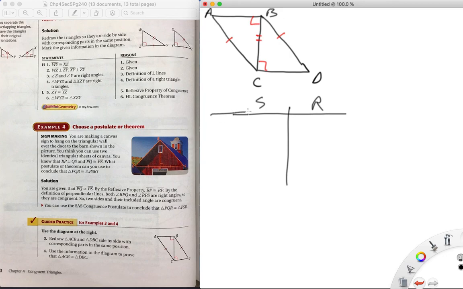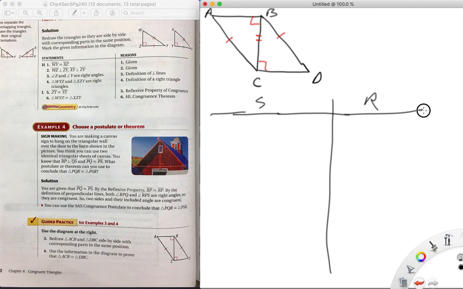I have my givens would be that AC is congruent to BD.